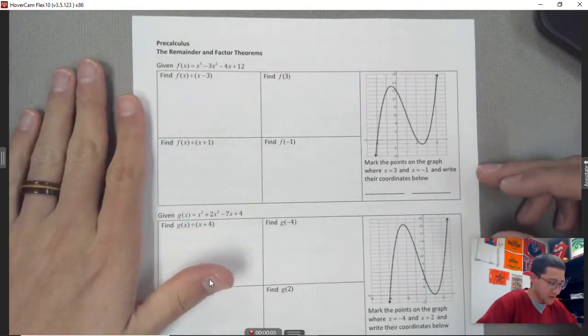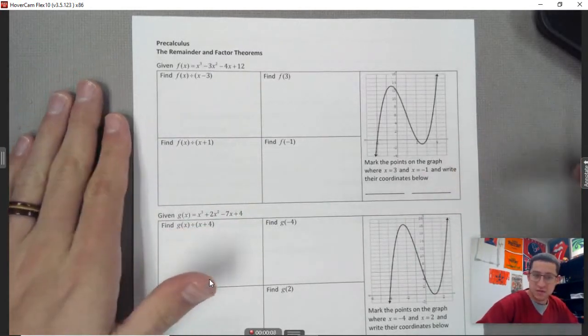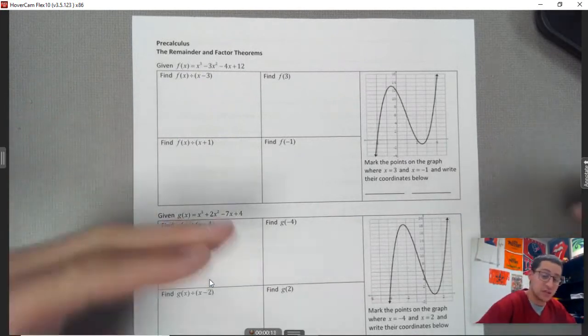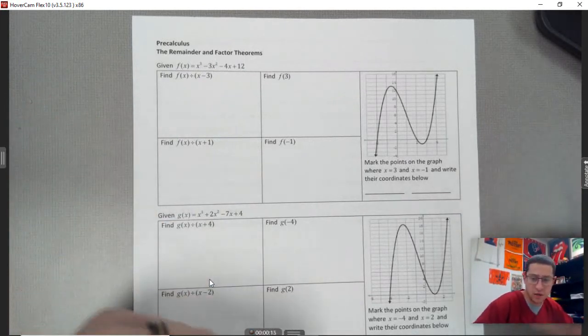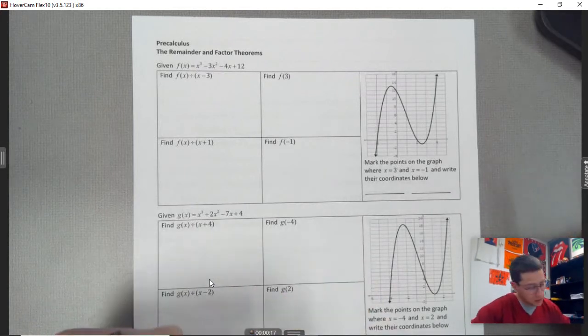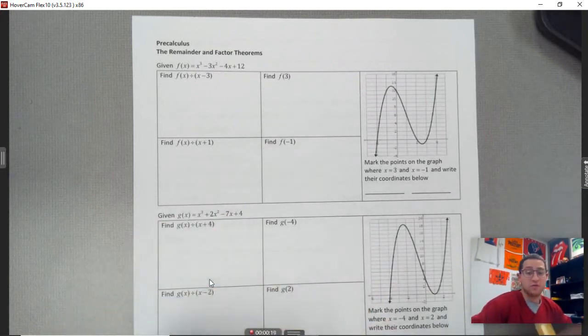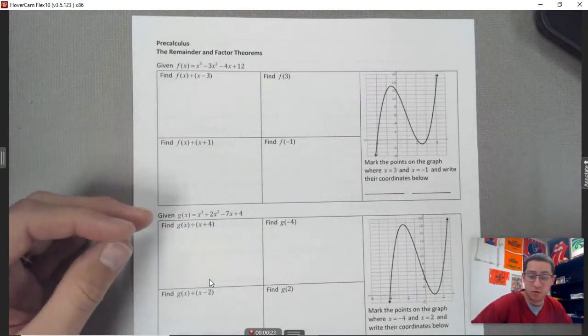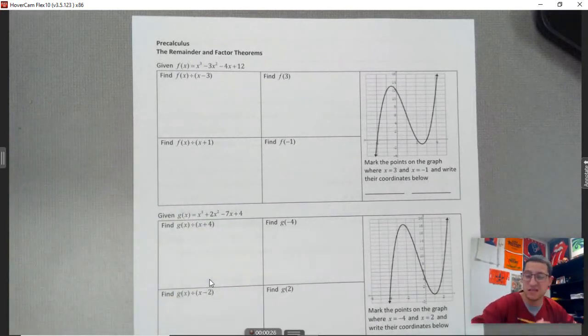I want to remind you that in order to do this particular lesson, you are going to need to know how to use synthetic division or long division, but really both, okay? Because I know they are interchangeable for the most part, and synthetic division is usually a more concise way of doing things, a little bit neater too.